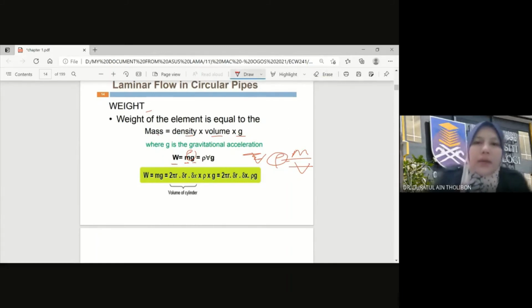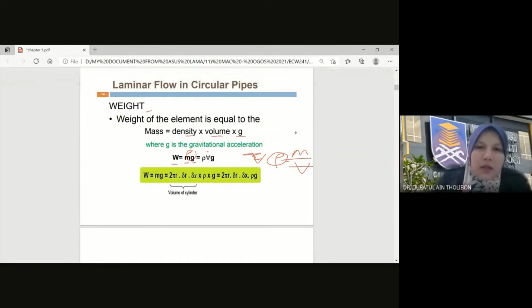Okay, so we have this mg. Okay, so for the area, volume of the rho times the volume of cylinder. Okay, volume of cylinder.